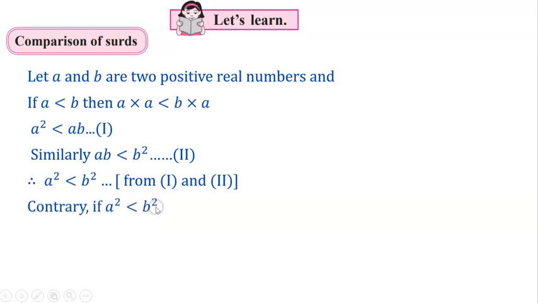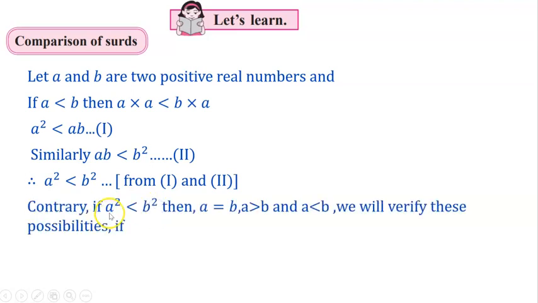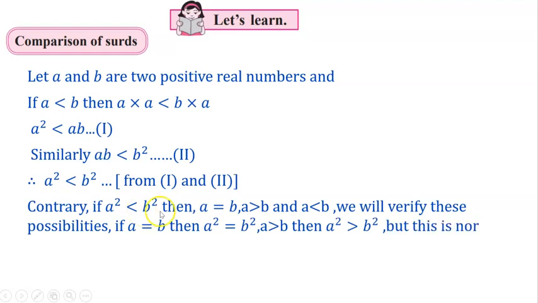On the contrary, if a square is less than b square, then you will have these possibilities: a is equal to b, a is greater than b, and a is less than b. We will verify these possibilities. If a is equal to b, then a square is equal to b square, but this is not possible. And if a is greater than b, then a square is greater than b square, but again this is not possible.